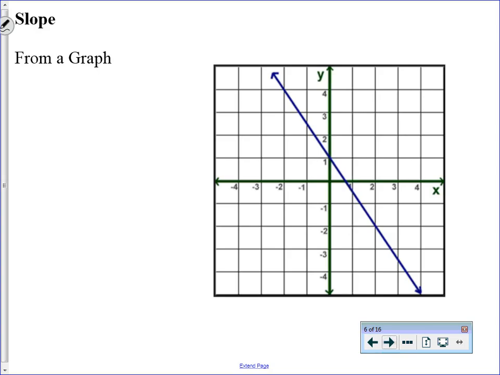So what this review is all about is slope. So we found slope from a few different fashions, and one of them is from a graph. So the first thing that we have to do is that we need to find, and in this case, we need to find 2 nice points. And on this graph, you'll notice that this line goes through a lot of different parts.